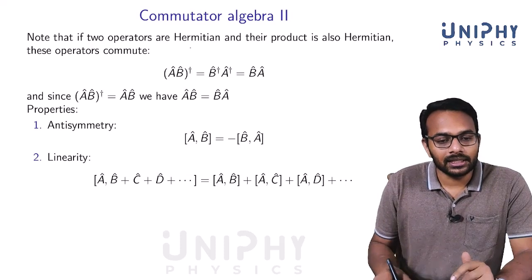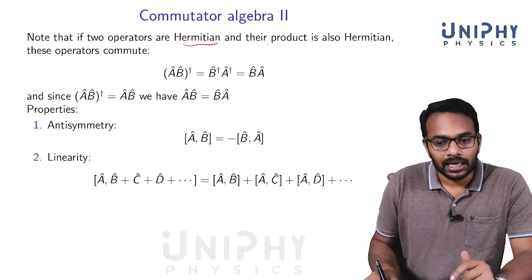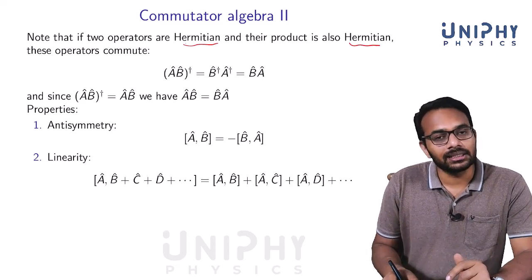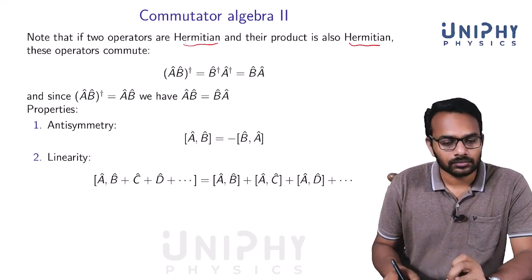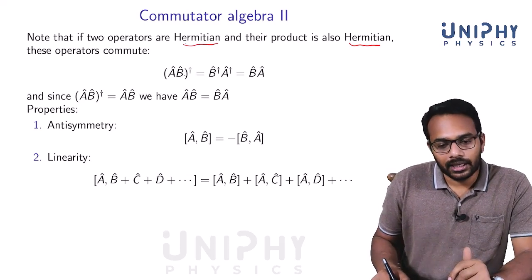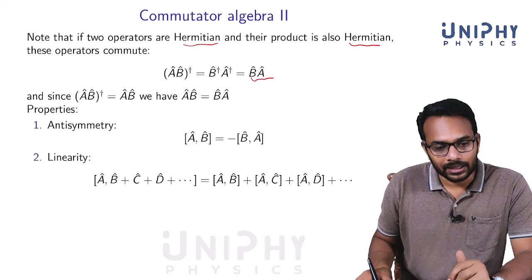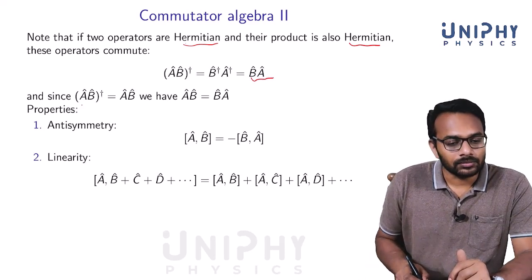Notice that if two operators are Hermitian and their product is also Hermitian, then these operators commute. (AB)† is B†A†, which is equal to BA.